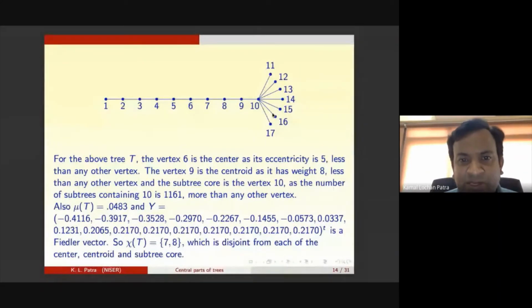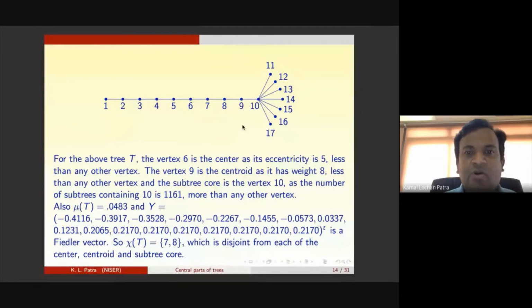And using MATLAB, one can check that this contains a characteristic edge, which is 7 and 8. So in this tree, we have these four central parts which are different.